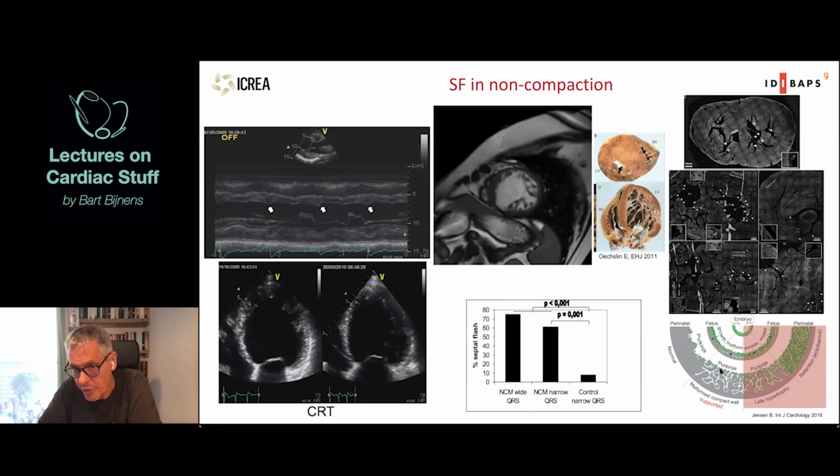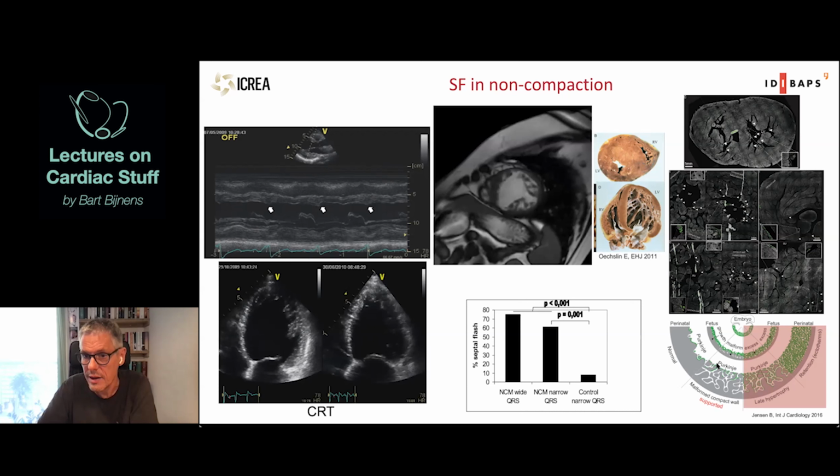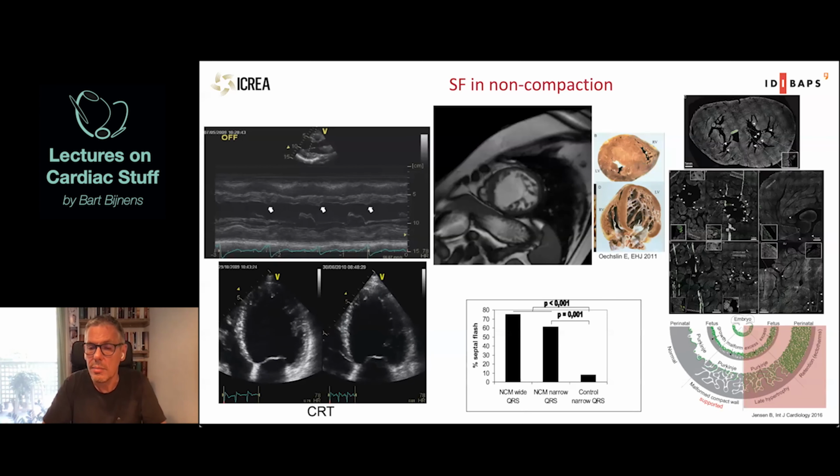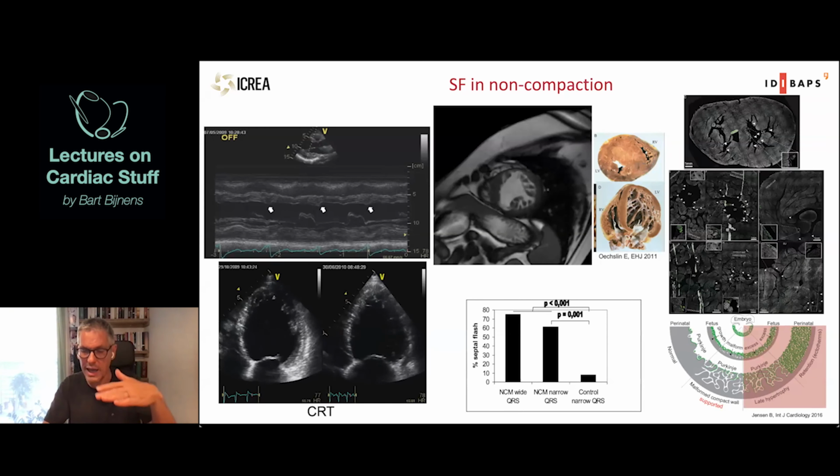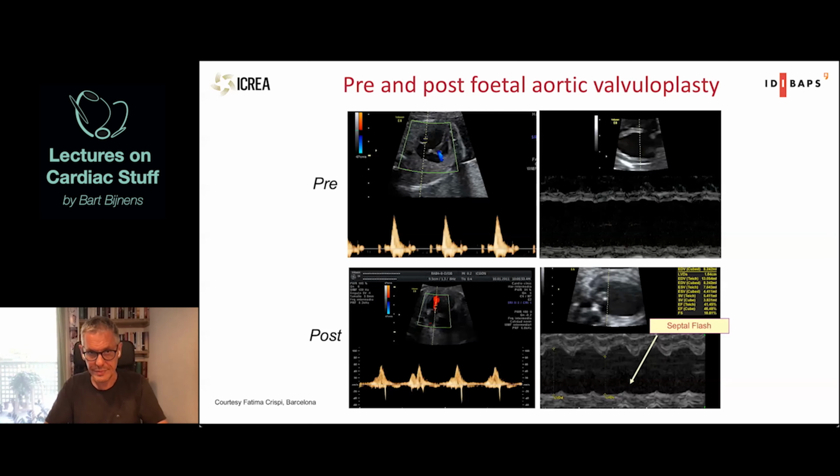But of course, the further conduction through the non-compacted myocardium will be much slower, and the time to reach the epicardial wall is much longer because of this complex trabeculation compared to the normal one. So you have this abnormal and slowed activation because of the abnormal pathway of conduction.